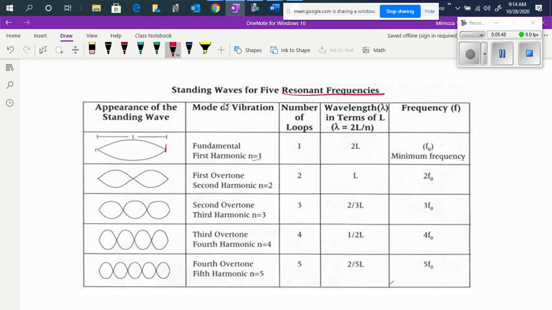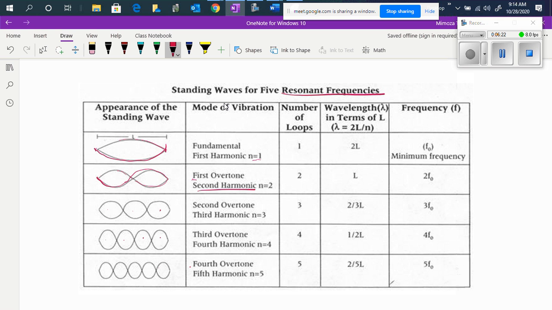When we say one loop, it goes from this direction to this direction, completing one full loop, but in two different ways. The second harmonic has two loops like this. Third harmonic, we have 3 loops. Fourth harmonic, we have 4 loops. Fifth harmonic, we have 5 loops.